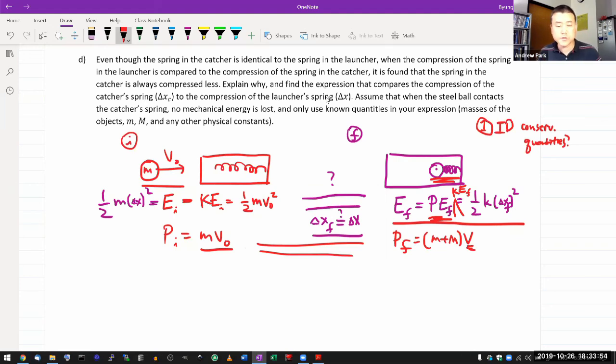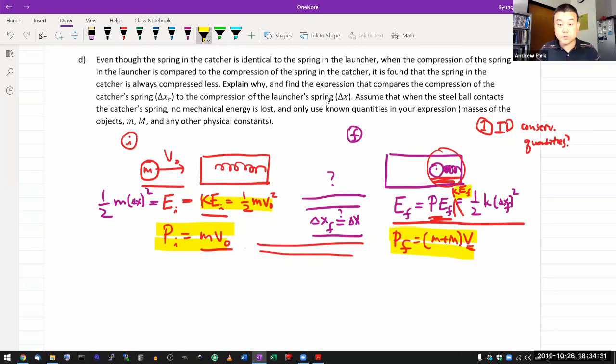When you do the calculation, it'll be less than the kinetic energy that we started out with. So that's why this spring gets compressed a little bit at all. This is the key fact that needs to come out in your analysis: in order to conserve momentum in this collision, even though you are conserving all the mechanical energy, it should still happen in a way that some of this kinetic energy does remain as kinetic energy.